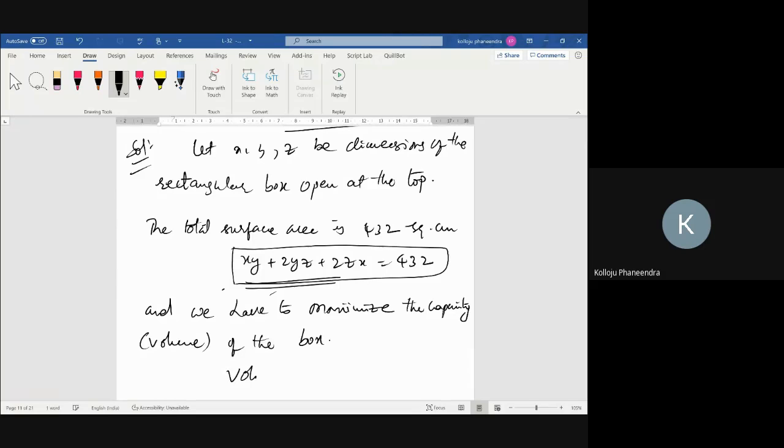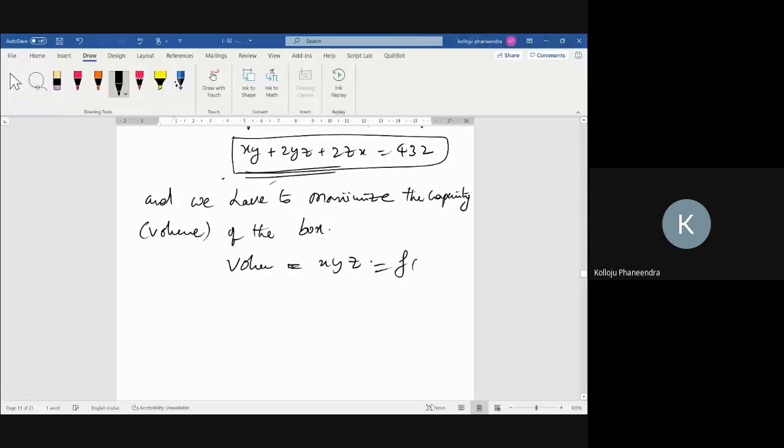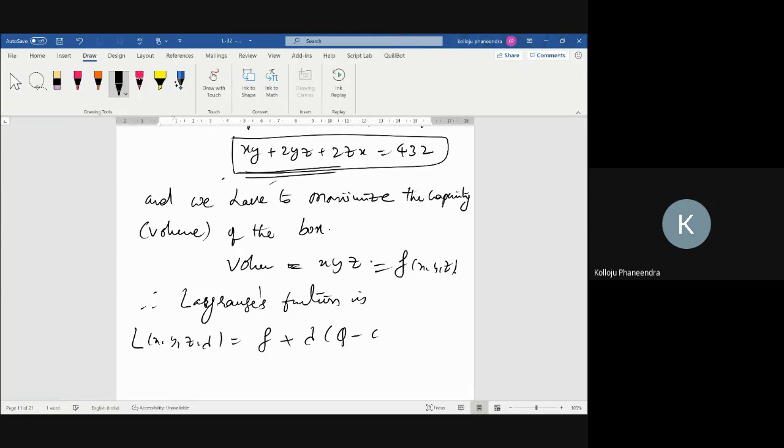Therefore, what is the volume? Volume equal to xyz. This is my function f(x,y,z). Therefore, what is the Lagrange's function? L(x,y,z,lambda) is f plus lambda into phi minus c.